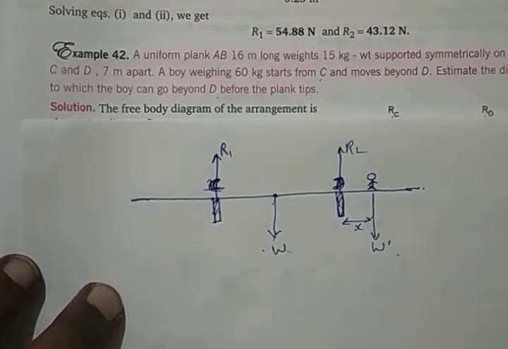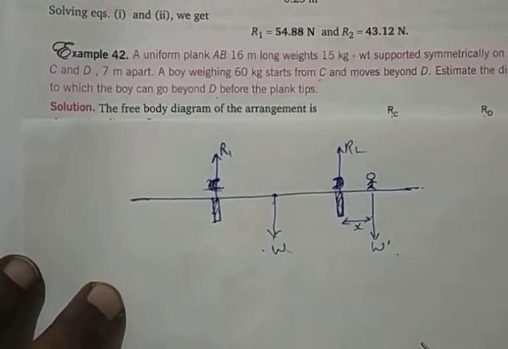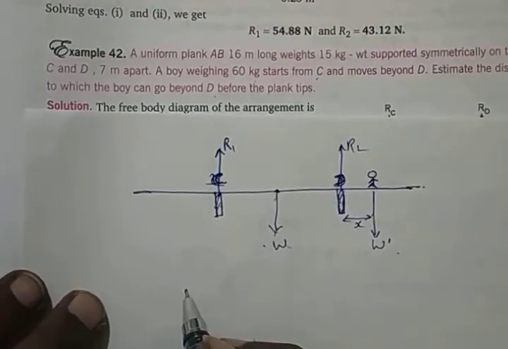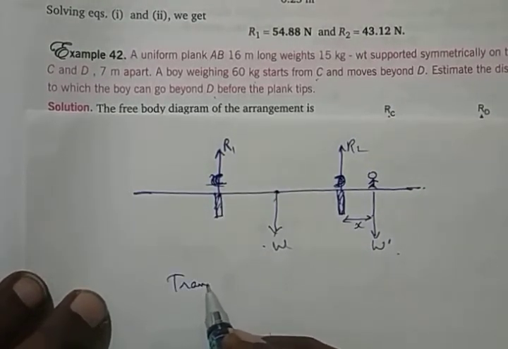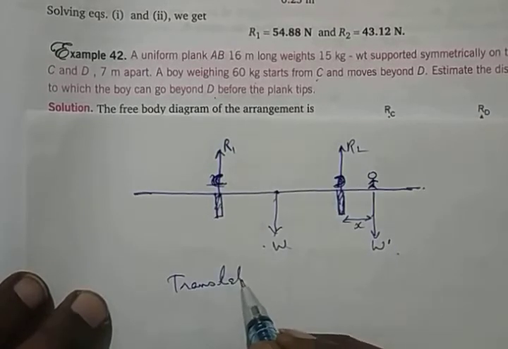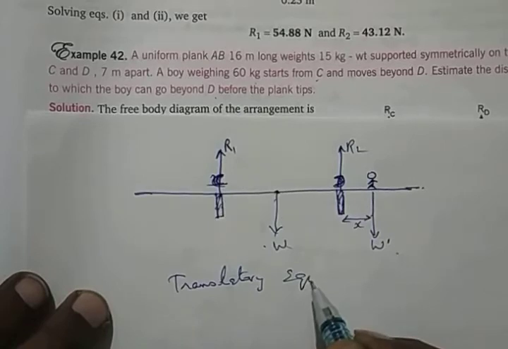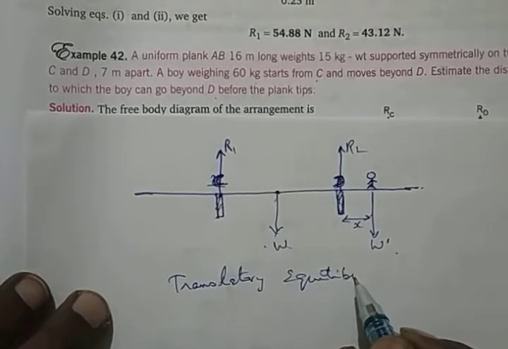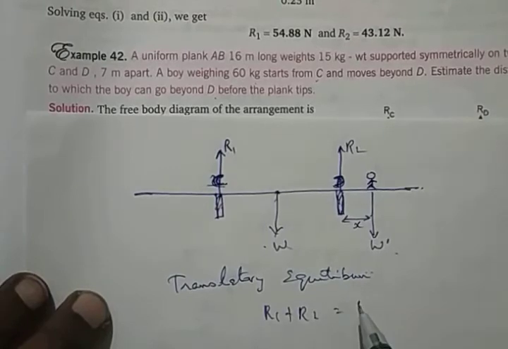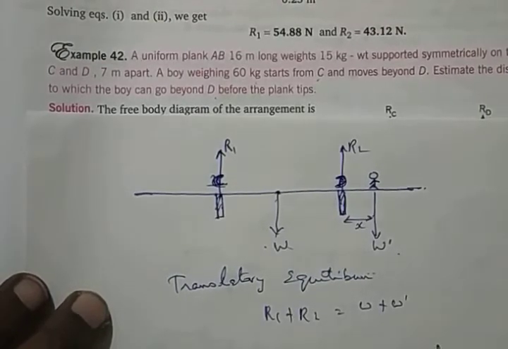This is quite obvious. So translational equilibrium: R1 plus R2 is equal to W plus W dash.